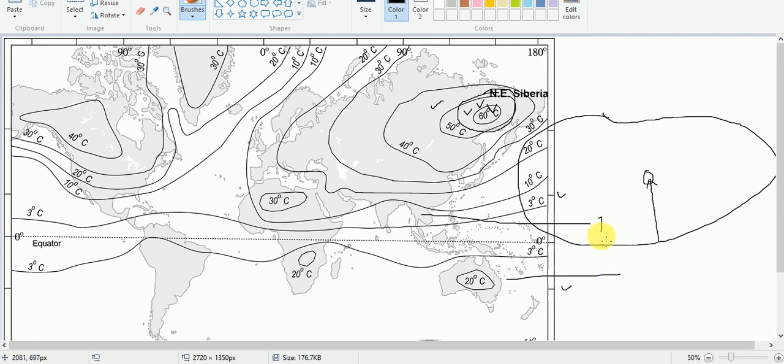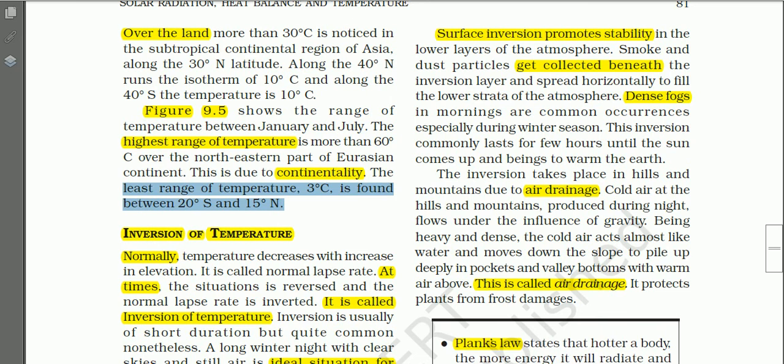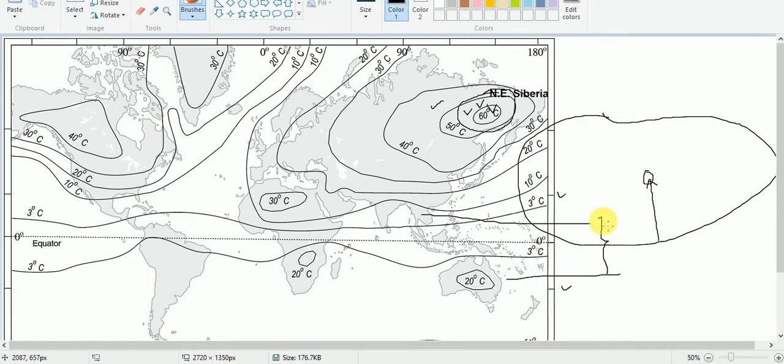So between 15 degrees north and 20 degrees south, the least variation in temperature is found. See here, 3 degrees Celsius.